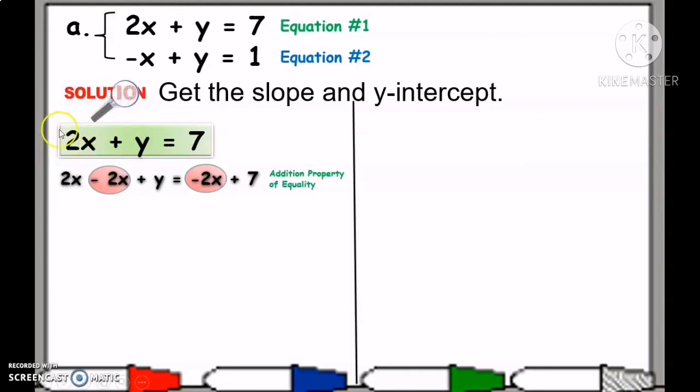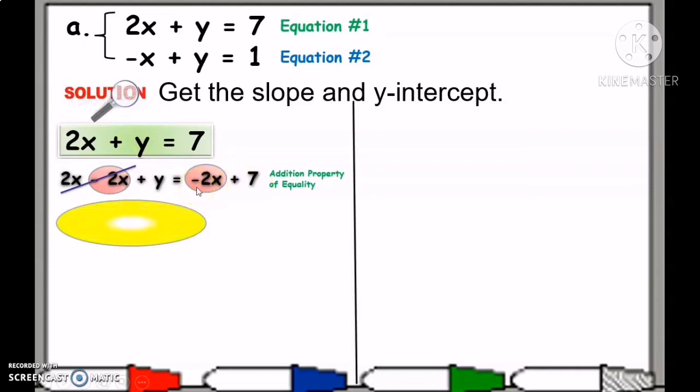So, ang opposite sign po ni positive 2x ay negative 2x. So, i-add po natin siya both left side and right side para ma-eliminate natin ito. Yan. So, 2x minus 2x is 0. So, ang matitira po ay y equals negative 2x plus 7.